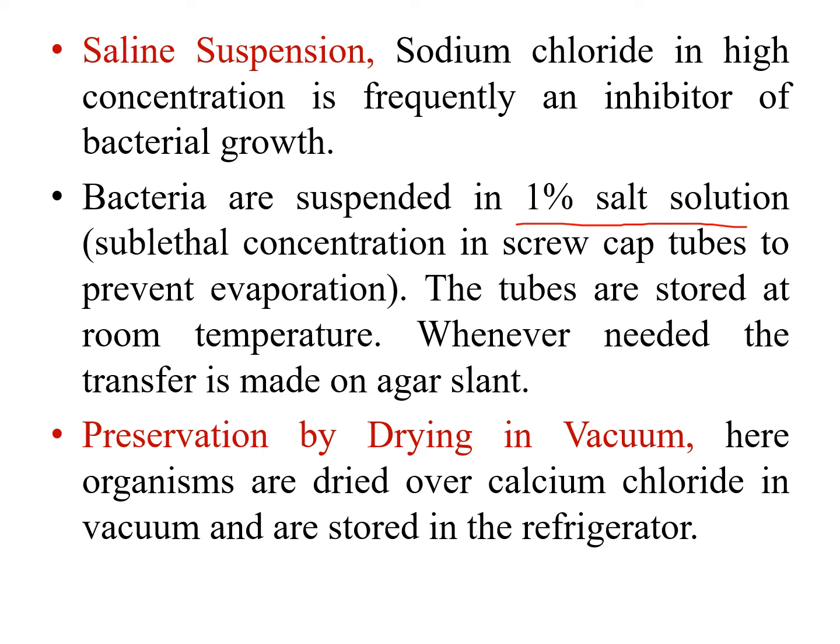So this is again a very simple technique. Next is preservation by drying in vacuum. Here organisms are dried over calcium chloride in vacuum and are stored in the refrigerator.